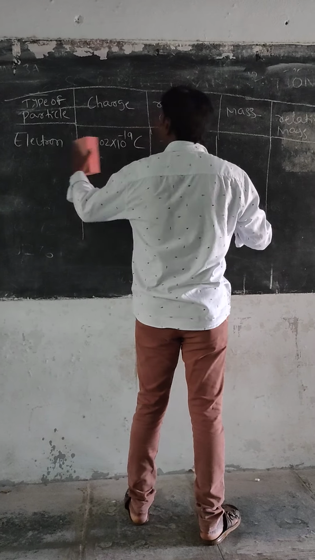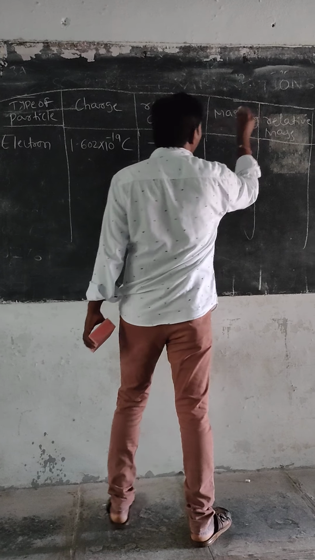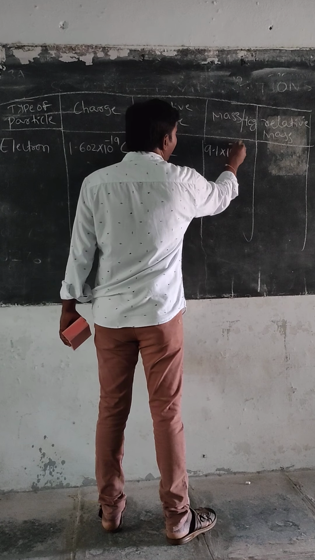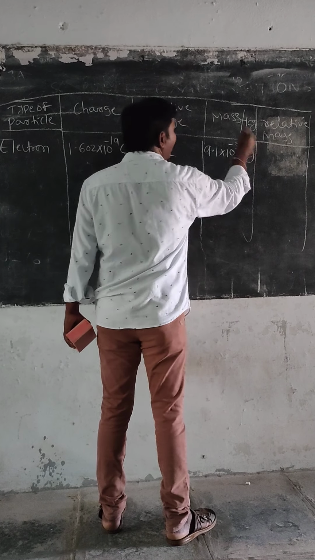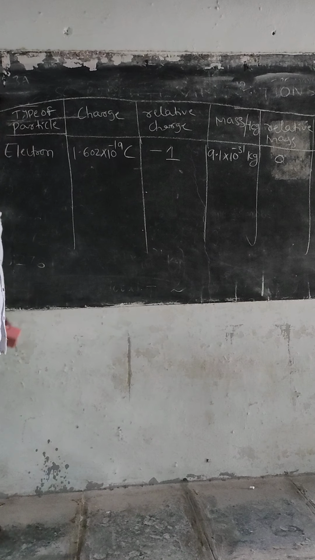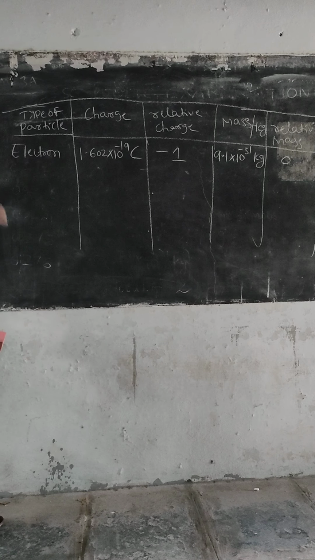Next, what is the mass of the electron in kilograms? 9.1 into 10 power minus 31 kilograms. Relative mass is approximately 0 because the electron mass is very small.